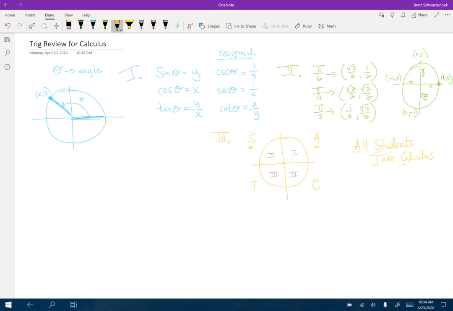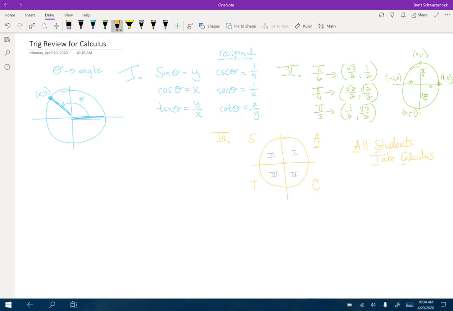Now, a small side note is that this also applies to the reciprocal functions. When I say the sine is positive, then of course the cosecant is as well, and all the other ones are not. I don't really go into that, but just realize that that also means that.